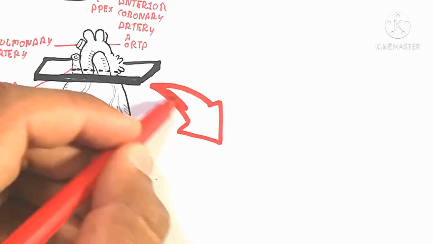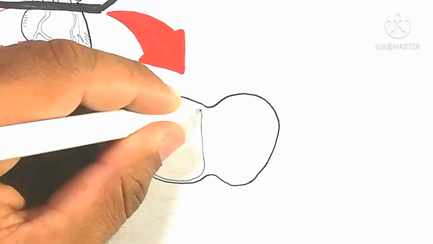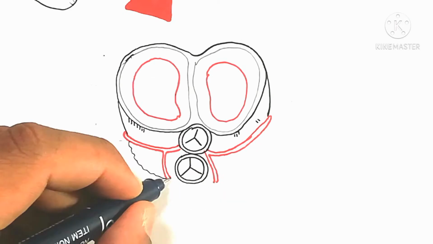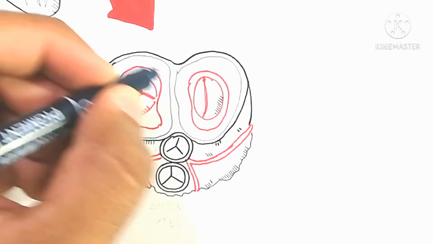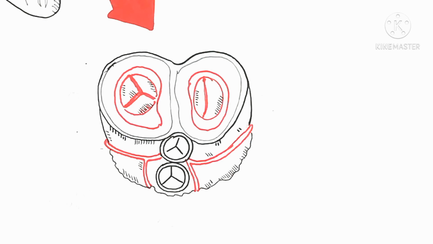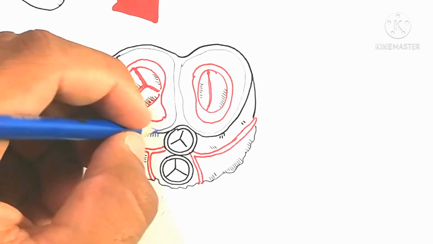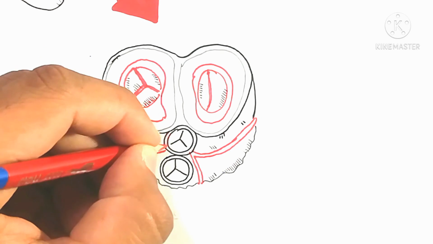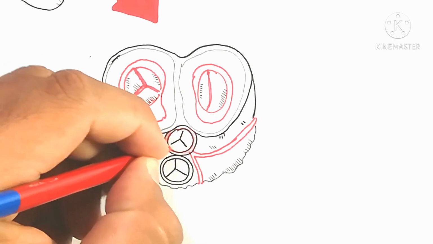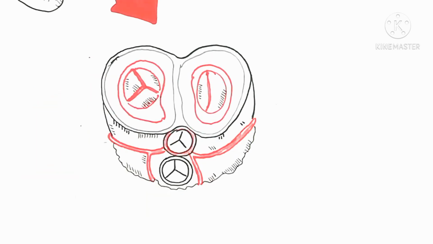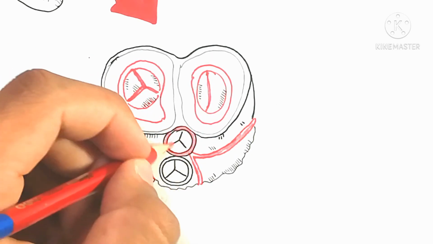Here is the cross section of the upper part to show the valves by the posterior and anterior view, basically the front side of the heart, which contains a tricuspid valve and bicuspid valve. The tricuspid valve is on the right side, which means the deoxygenated blood is received by the tricuspid valve. On the other hand, the bicuspid valve is here, which receives the oxygenated blood.